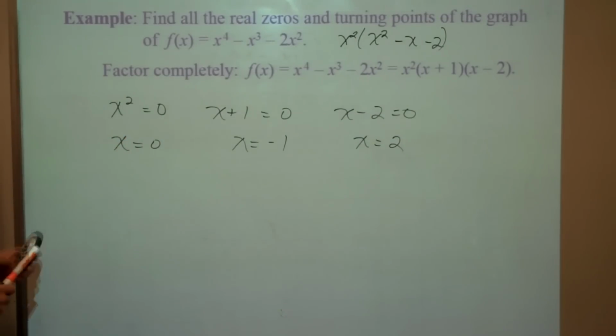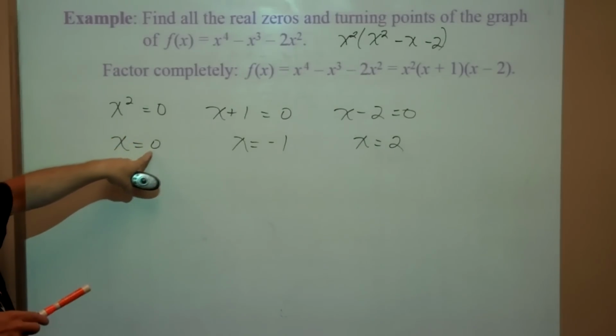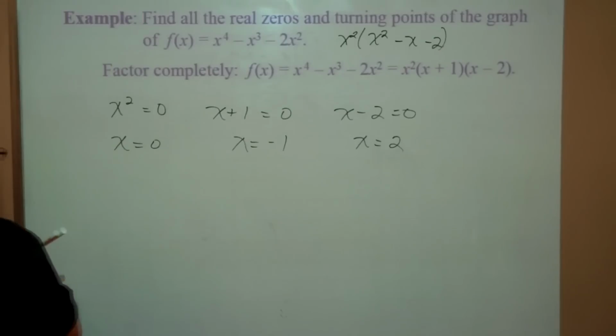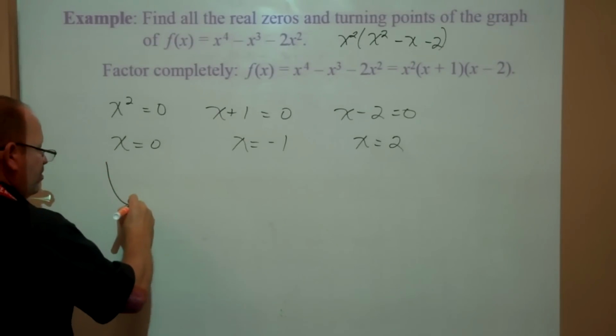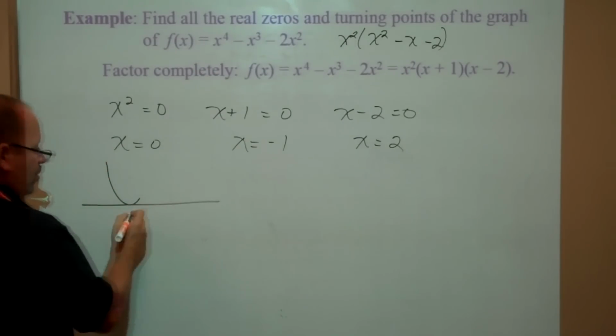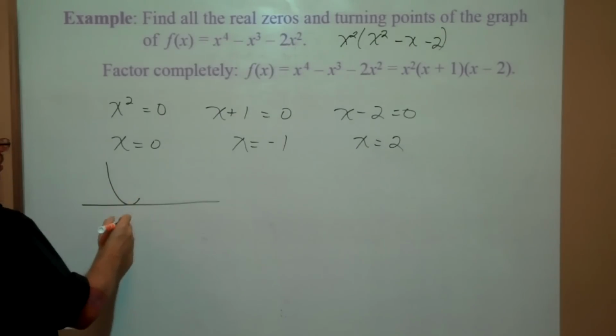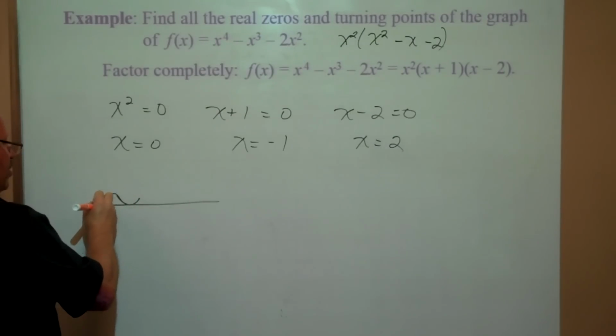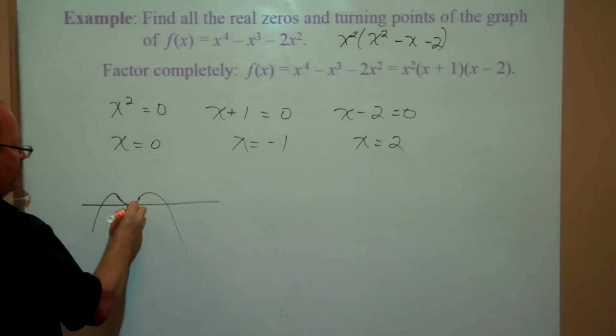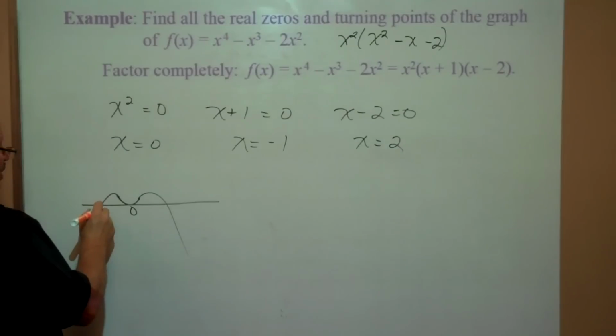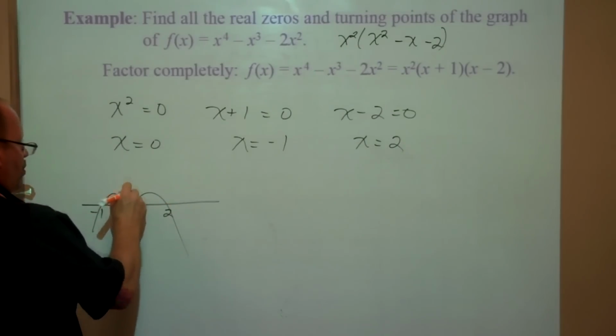What this looks like when you graph it is this is going to be a place where it touches the x-axis, and these other places are where it will actually cross the x-axis. So this would be 0, this would be negative 1, this would be 2.